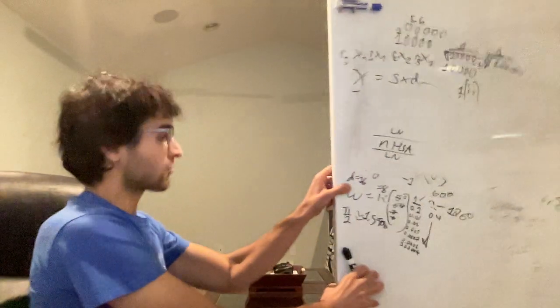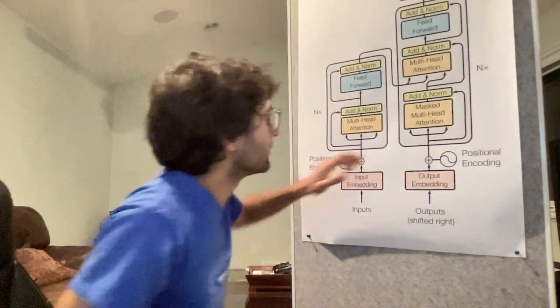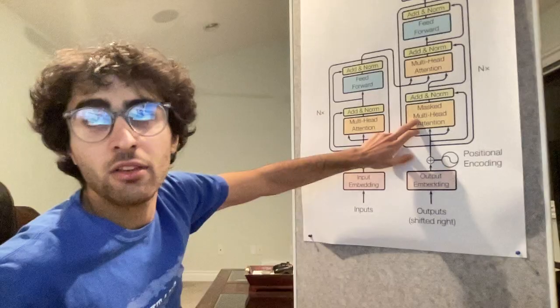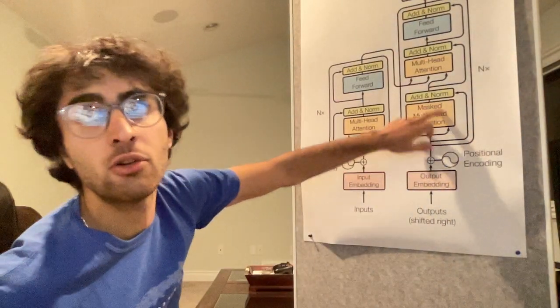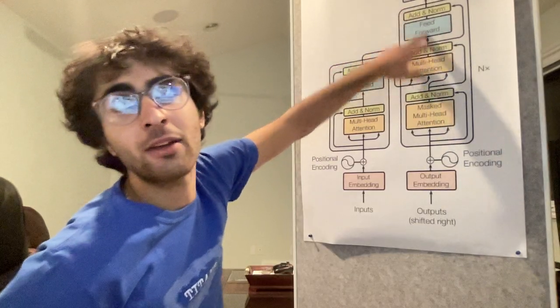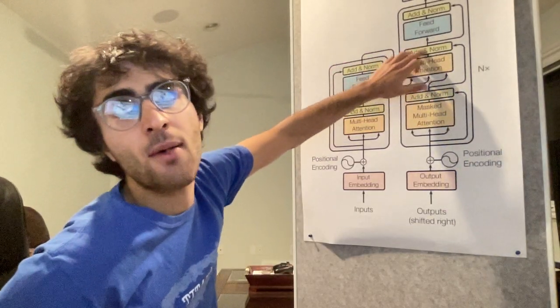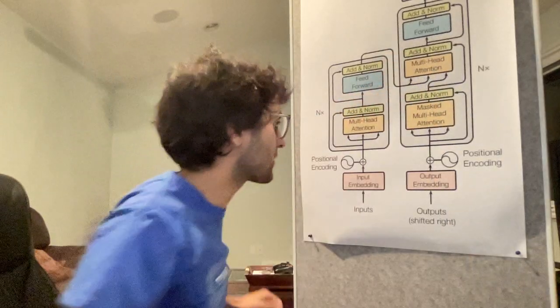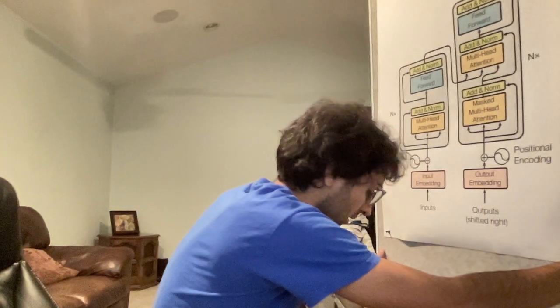Luckily, I have a poster of the transformer right here, so I can look at what it said. Okay, never mind. So after the MHSA, we do an add and norm, and then even after the feed forward, we do add and norm. And here it has the cross attention, but we're not even doing that. Interestingly enough, they do post-norm in the original transformer, but I think it's the later transformer methods which use pre-norm because it allows you to have a deeper transformer network, which is to say more transformer blocks.